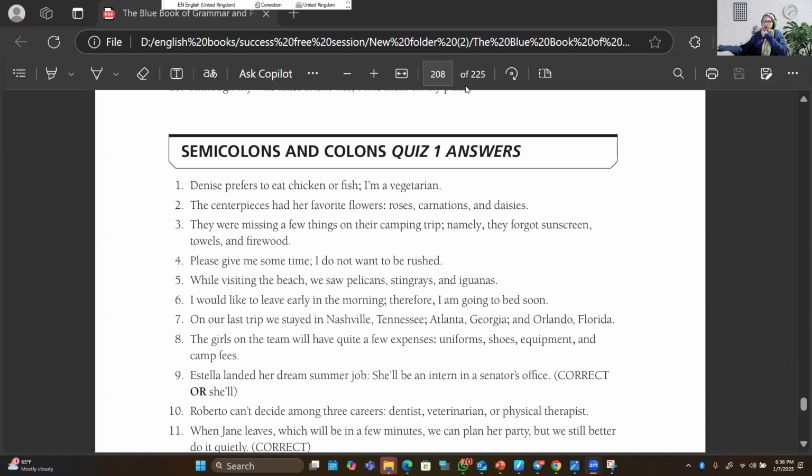They are in the other part. Regarding this part, anyone? Miss, I got all of them correct. Perfect, sweetheart. Guys, regarding this part, the semicolons and the colons, no questions? Nice. Okay, so guys, we're done.